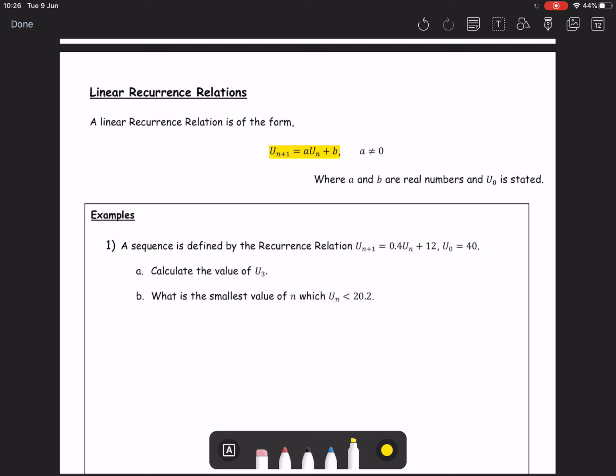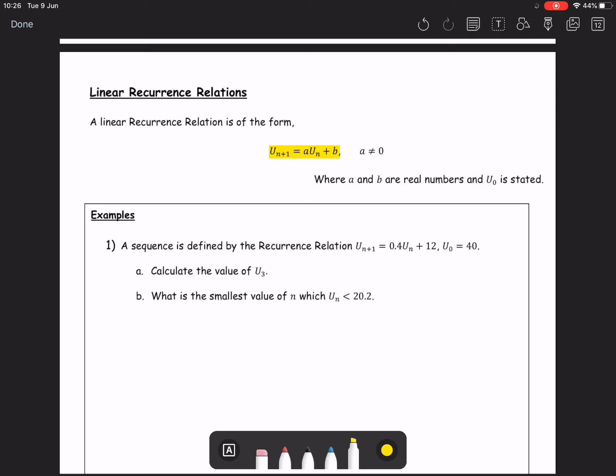That next term in the sequence can be whatever part of the sequence, it might be near the beginning. We might be talking about the first term being a times the u naught value plus b, or the 20th term being a times the 19th term plus b. That really depends.